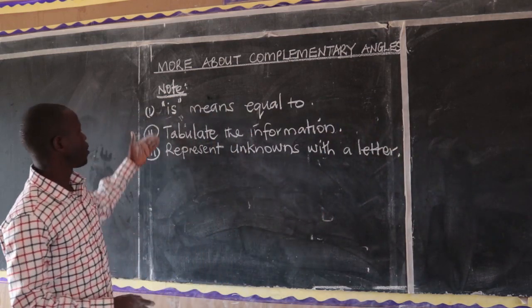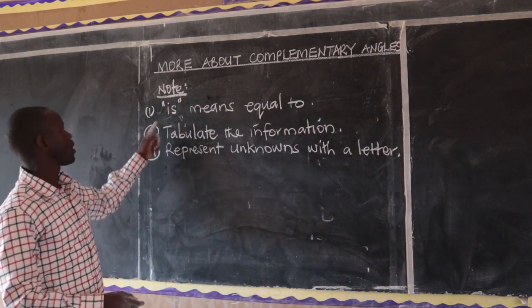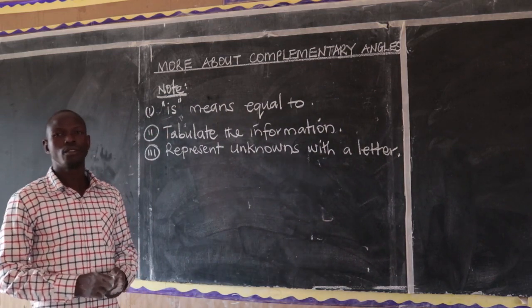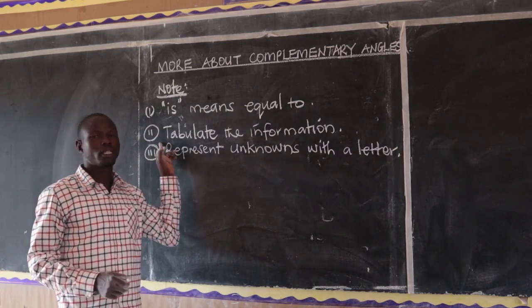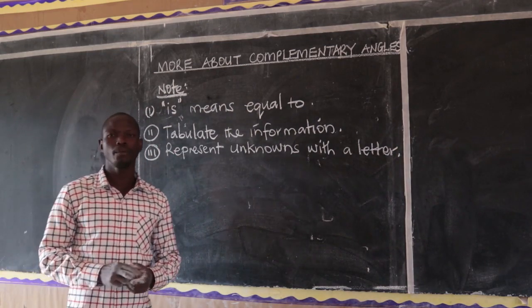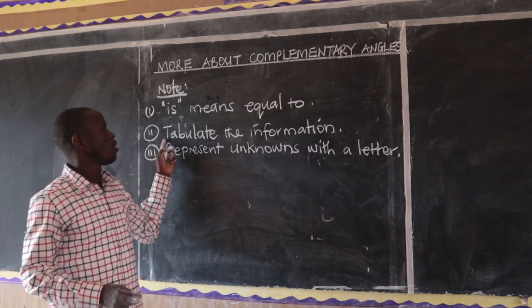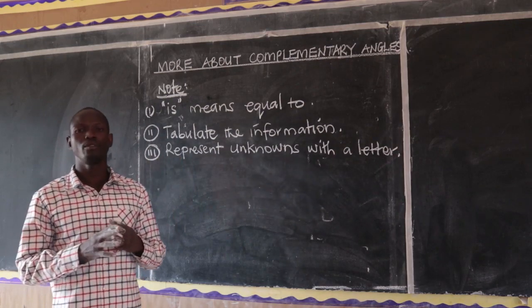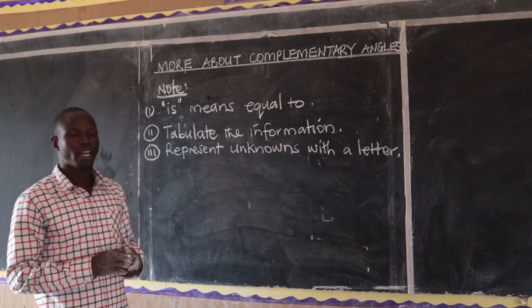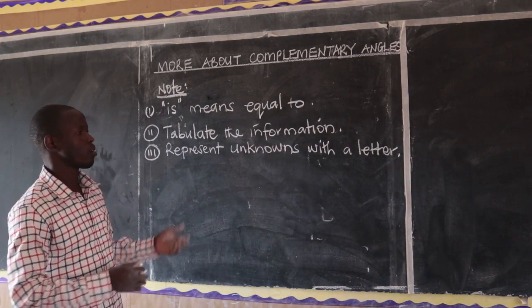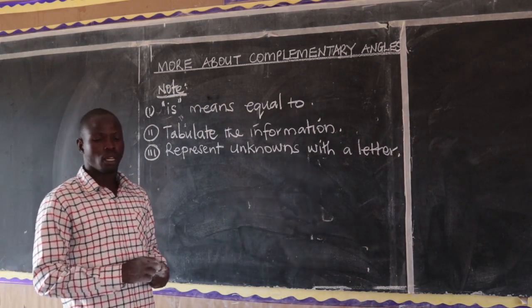So these are the few points we have to follow. One, the preposition "is" means equal to. Two, tabulate the information, so in this lesson we shall be using tables. And three, in case of something which is not given, we shall represent it using a letter.